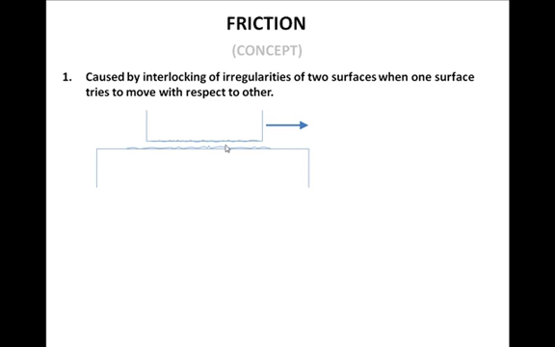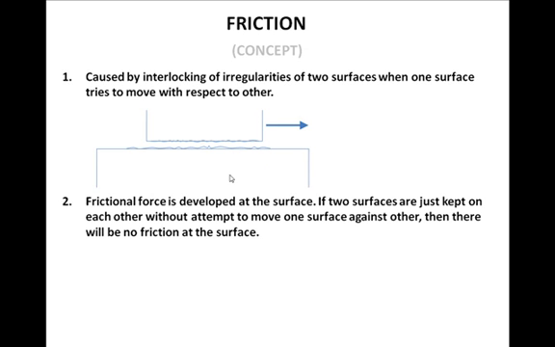Now we are not getting into the very fundamental definition of friction from fundamental physics, but we are trying to understand the concept in a pragmatic manner, what exactly the frictional force is and why it is caused. So this can be a good reasoning for that.